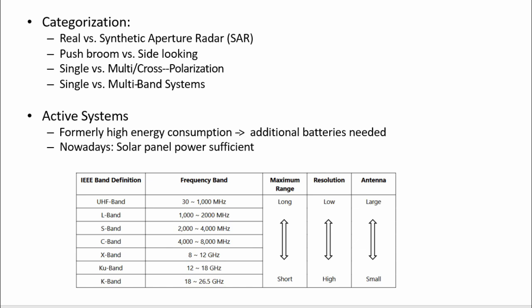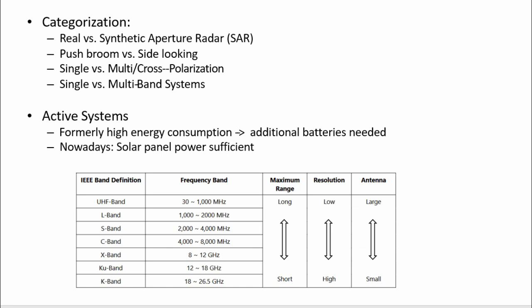There are various kinds of radars, like synthetic aperture radar and real aperture radar, depending on how they construct their radar antennas and how they view the ground, and whether the polarization is cross polarization, multi-polarization, or single polarization, or whether it is VV, HH, HV, VH, and so on. The sensor can be a single or multi-band system.